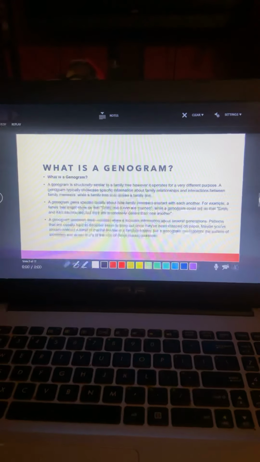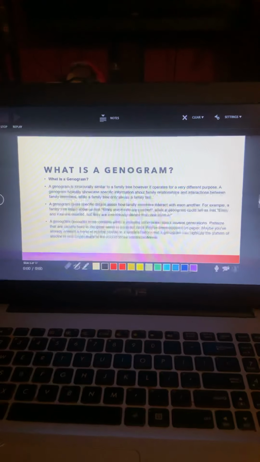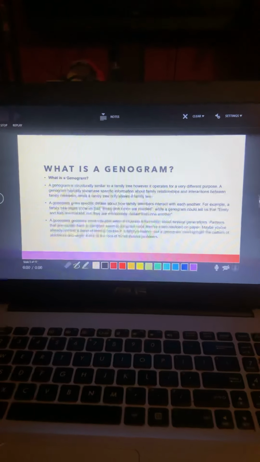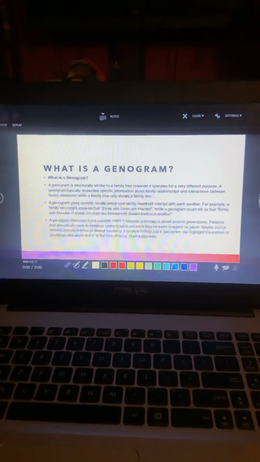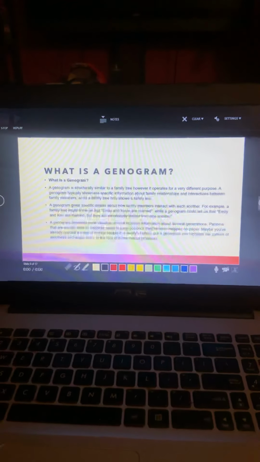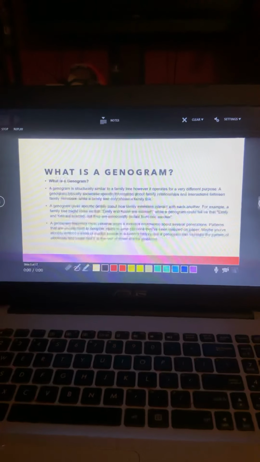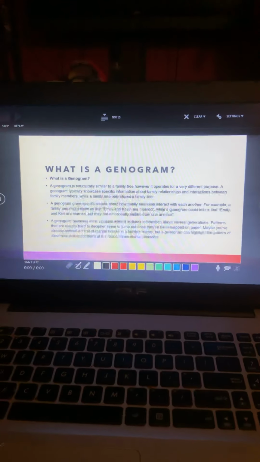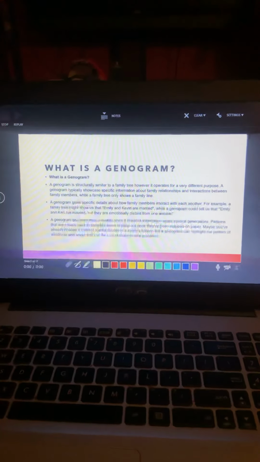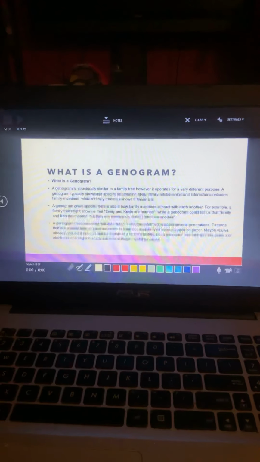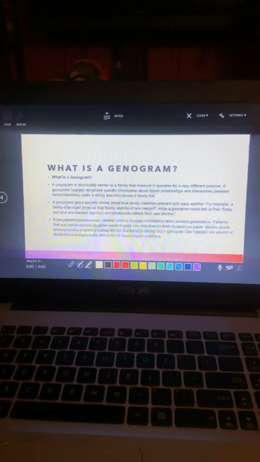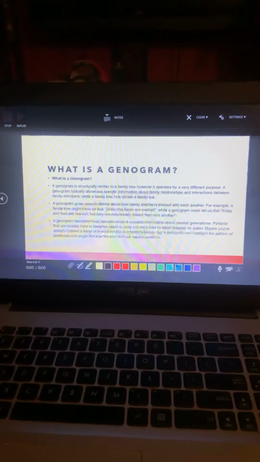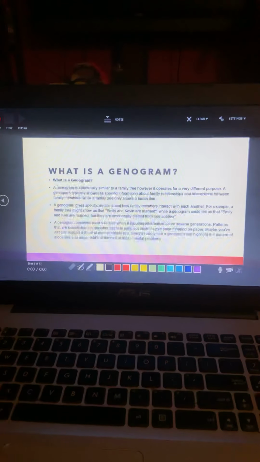A genogram becomes more valuable when it includes information about several generations. So the more information that you have on your grandparents, parents, just more generations, the better. Established patterns that are usually hard to decipher seem to jump out once they've been mapped on paper.